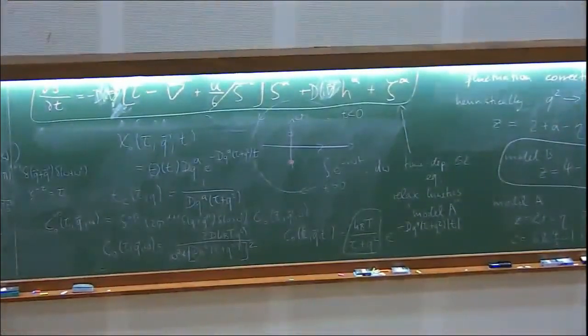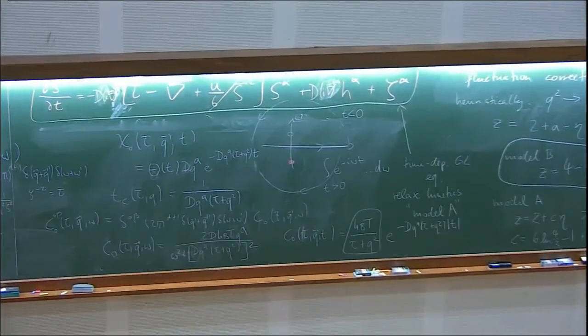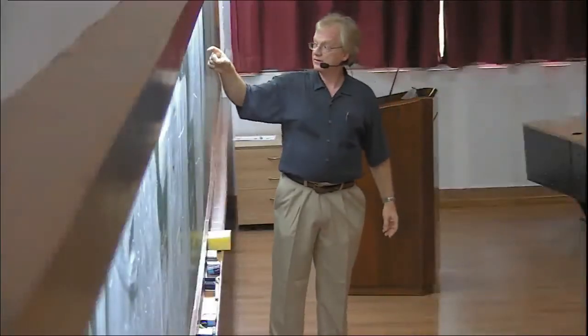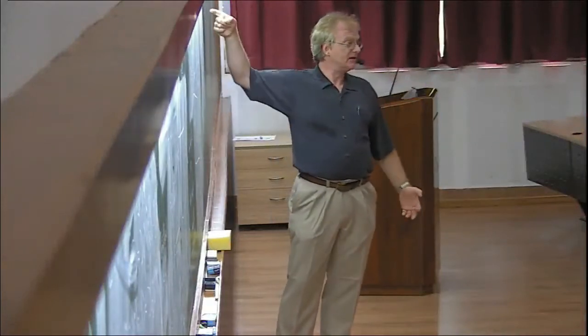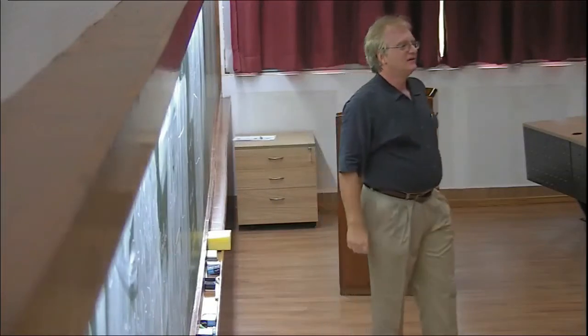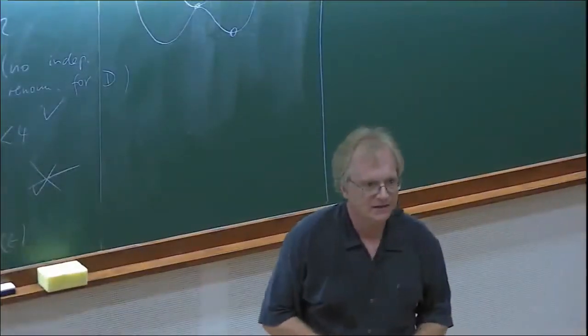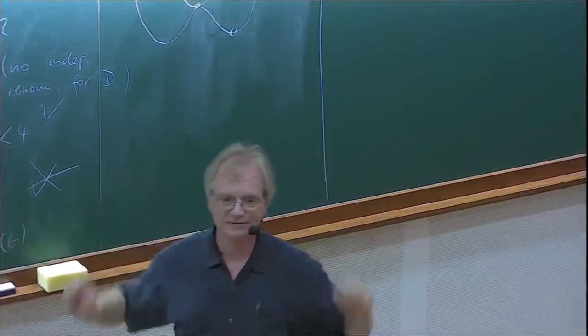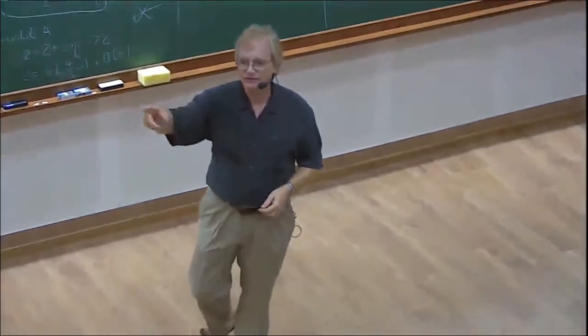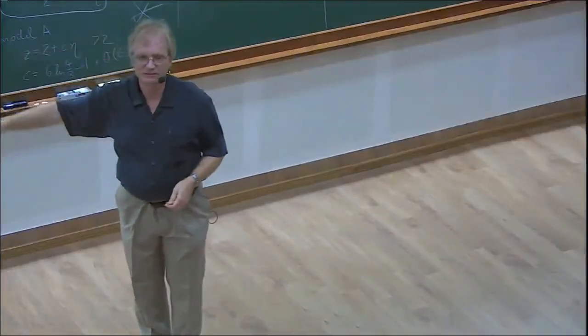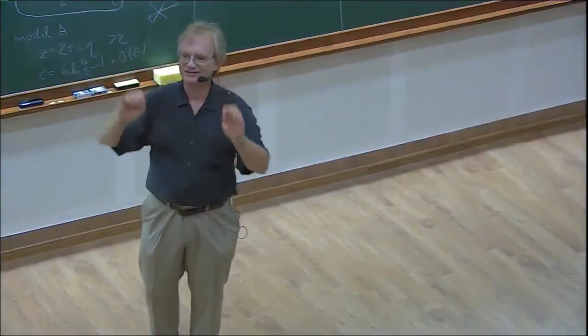In the ordered phase you cannot expand about here because it's unstable. This is what the negative mass means, but you have to expand down here, and you get nice restoring forces. Except, in the O(n) symmetric model, there's one mode with restoring force, and there are n minus 1 modes, the Goldstone modes as they're called, with zero restoring force. If you go through the first problem on today's problem set, it takes you through all this. You cannot go to really zero temperature with this model. That's a short answer to your comment.